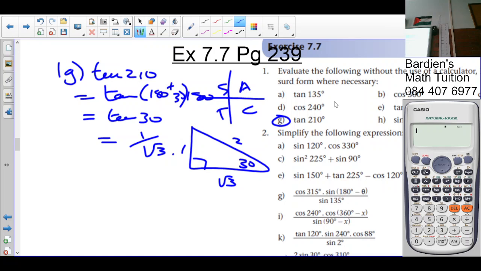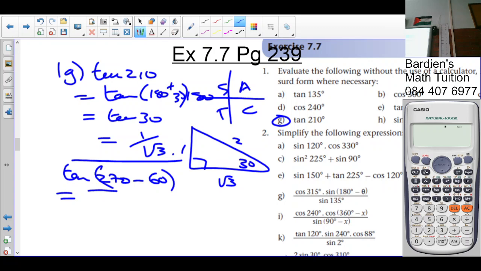No problem. So you're saying tan of 270 minus 60. Is that 210? Yes. But what do we say about 270? Sine changes to cos, cos changes to sine.